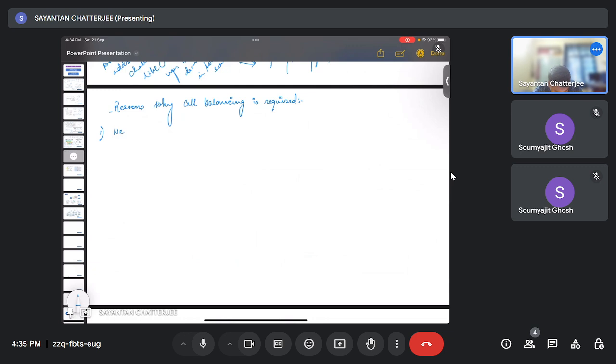Weak cells discharge faster. So this is the point that we need to look at, that we should not allow the weaker cells to discharge faster.